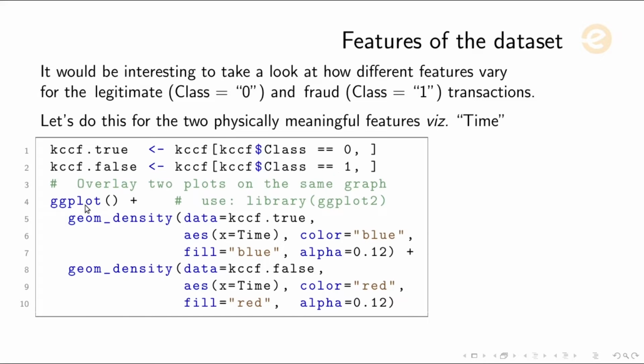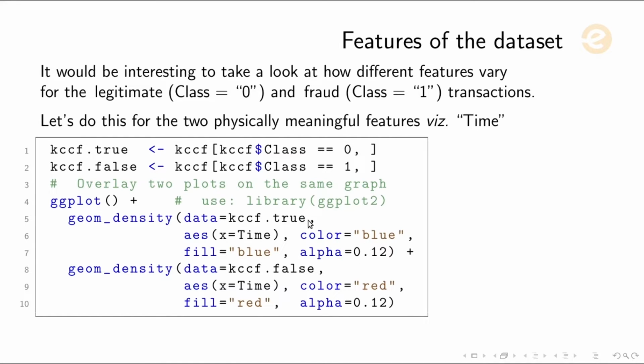Now we use the ggplot function from the ggplot2 library to plot the KCCF true and the KCCF false data sets, or the data subsets you can say, onto the same graph by using different colors for the two splits.